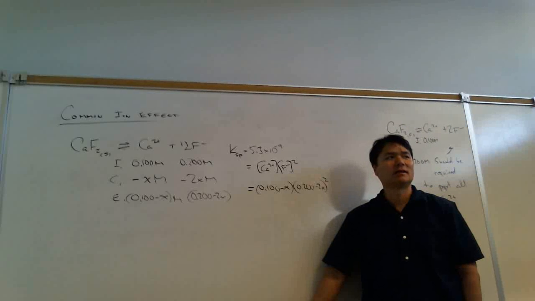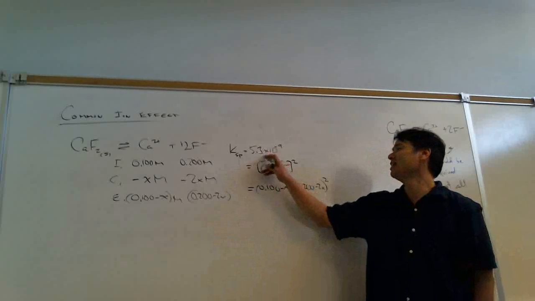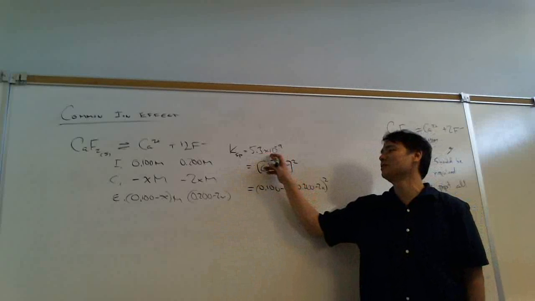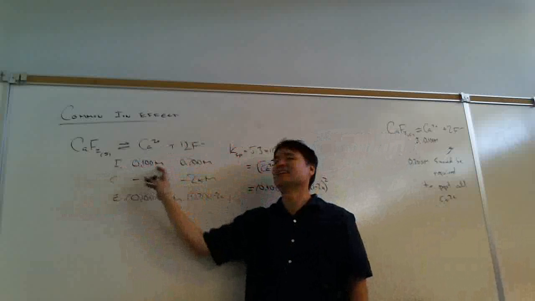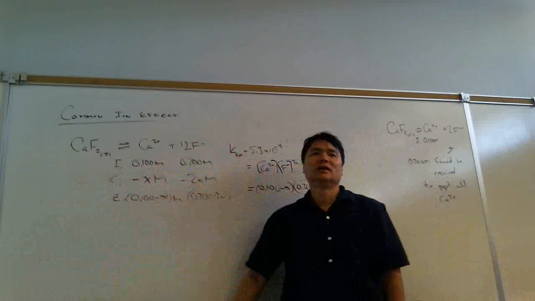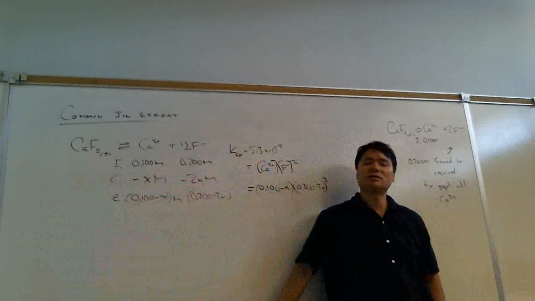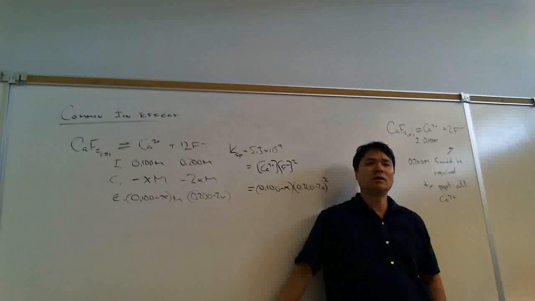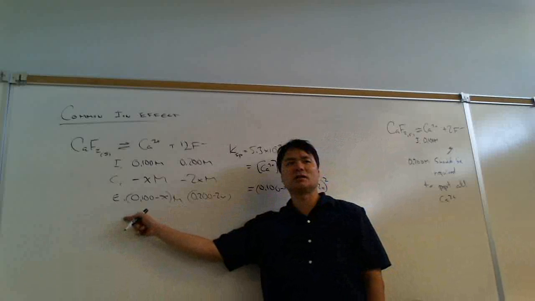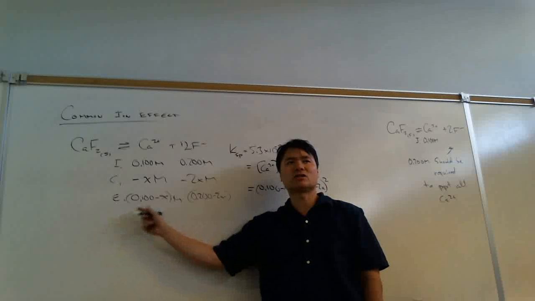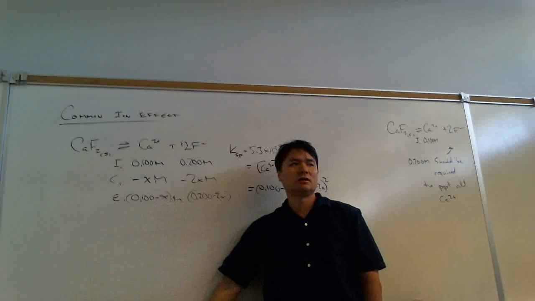5.3 to negative 9. Because this K value tells me that the equilibrium should consist of all reactant or all product. A very small K value tells you to expect all reactant. And therefore, we expect a big change in the reverse direction, a small change in the forward direction.